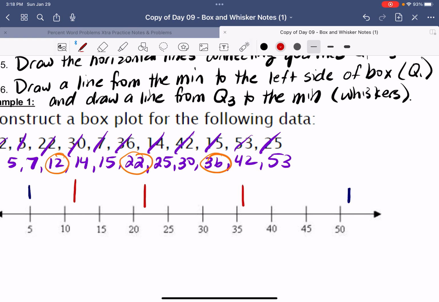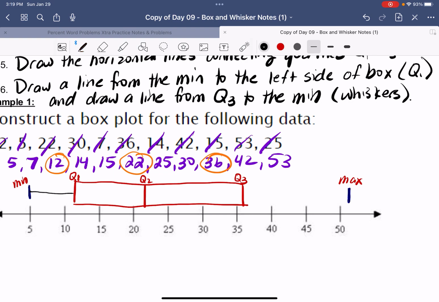All right, so now I'm going to connect my Q1 to my Q2 and Q3. If you want, you can go ahead and label this Q1, Q2, Q3. Here's my min, here's my max. You do not need to label these though, because if you have shown me your work, then I'll know.